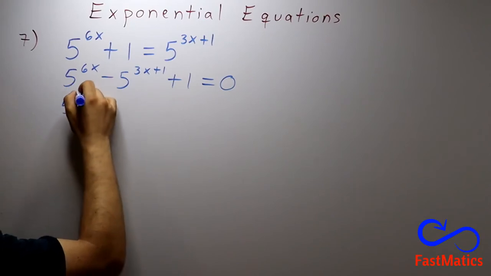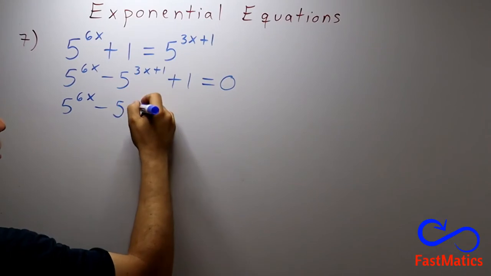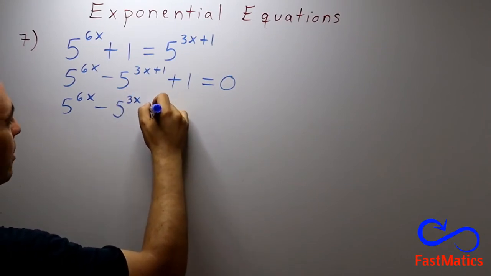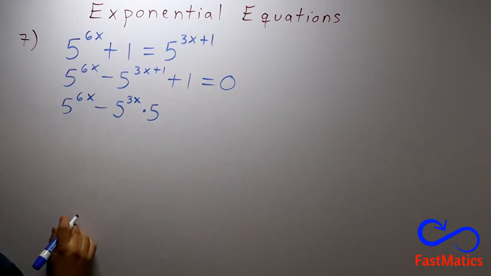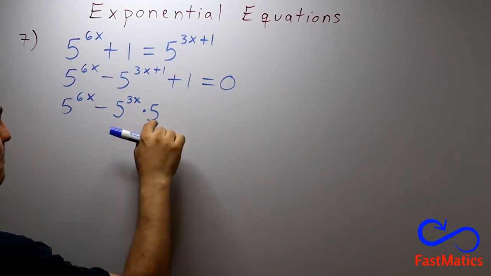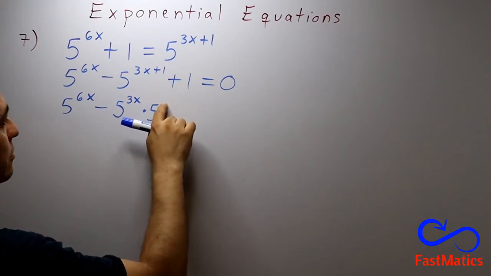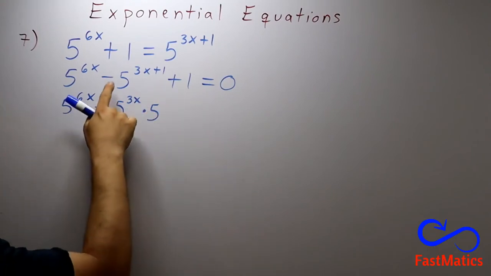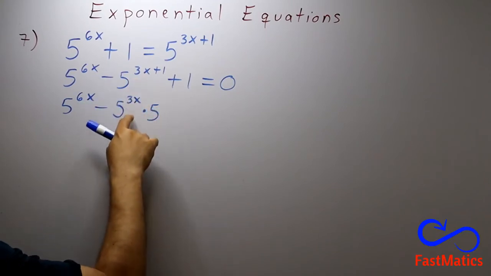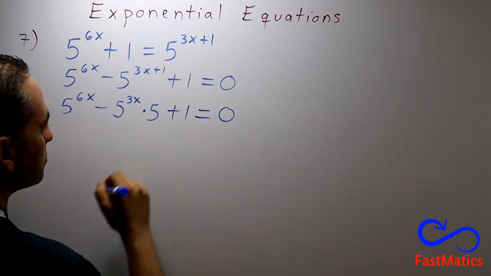Then I can write this expression as 5 to the power of 3x times 5 to the power of 1. Because when you have the multiplication of the same base, you are going to add exponents, 3x plus the exponent that is here, plus 1. So here we have equivalent expressions, and here plus 1 equal to 0.